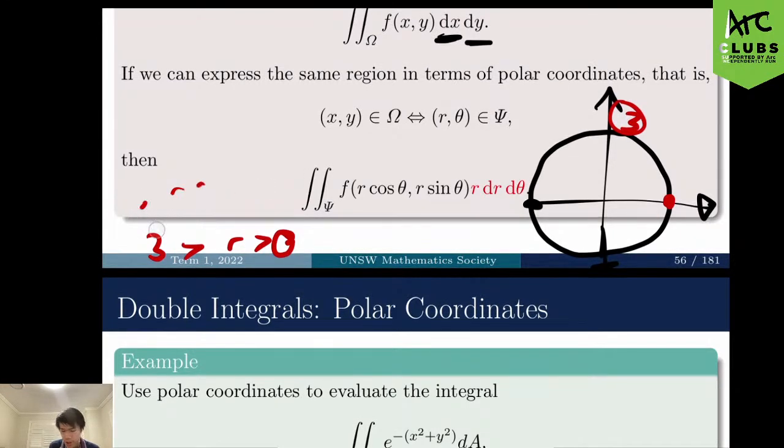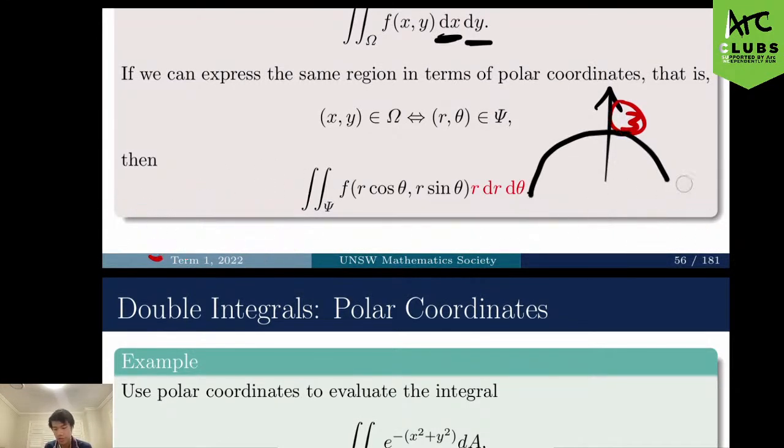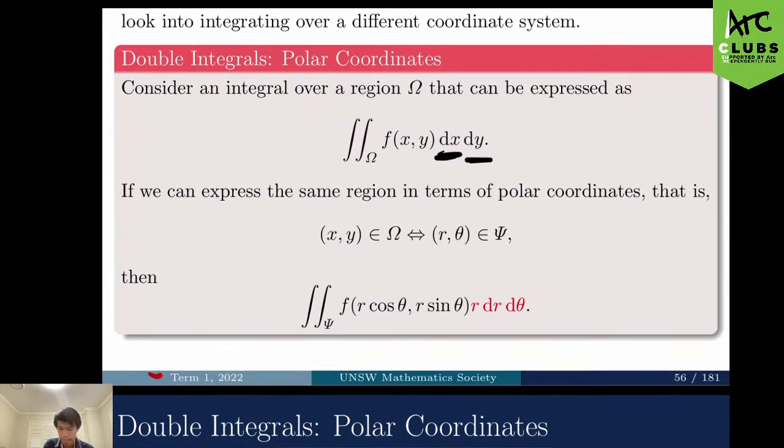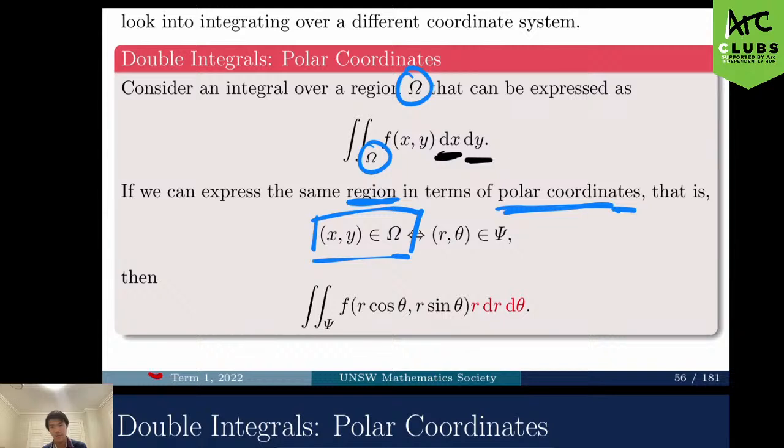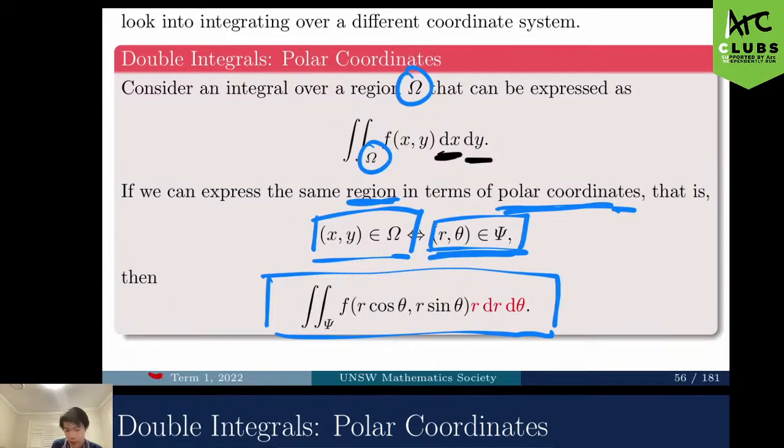So if we can express a given region, omega, in terms of polar coordinates, which means that having x and y in this region is equivalent to having r and theta in this other region, then we can actually do the integral with polar over there. Let's imagine our bounds. r goes between 0 and r, and theta goes between 0 and pi on 2.